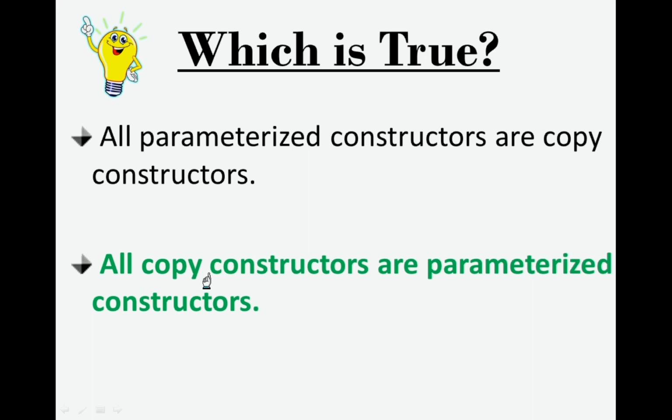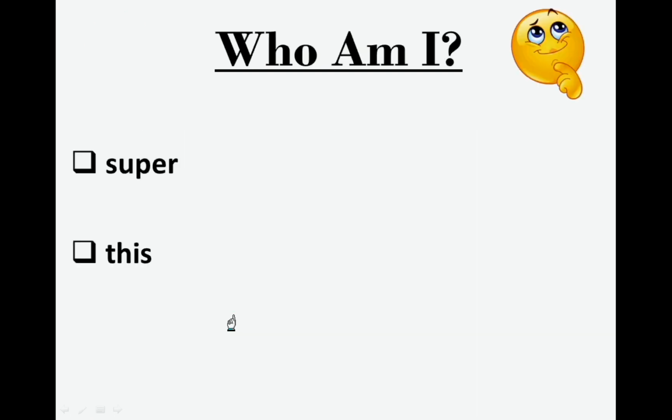Whereas in case of copy constructor, we are definitely passing an object as an argument, so it will automatically be a parameterized constructor. So statement 2, all copy constructors are parameterized constructors, is true. Check out these two keywords.